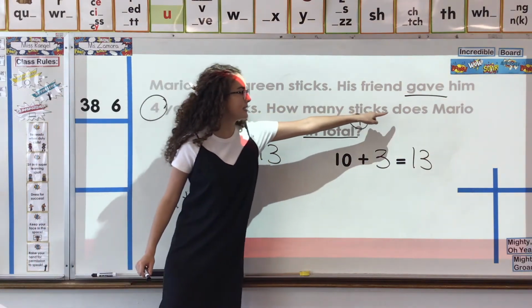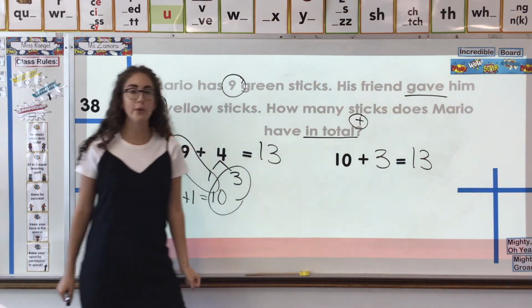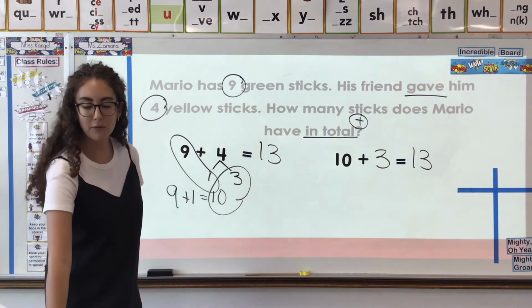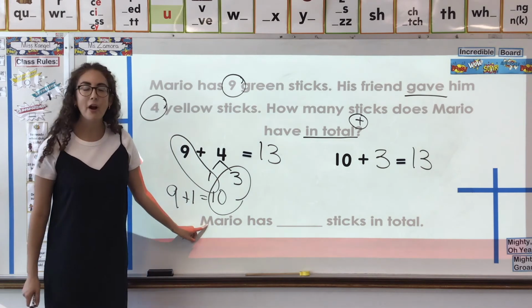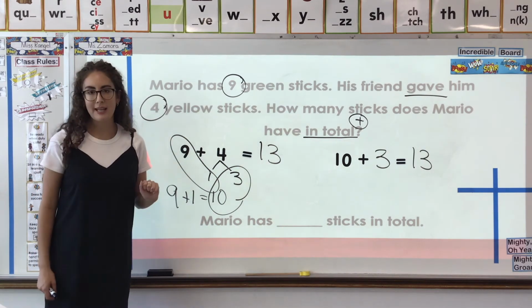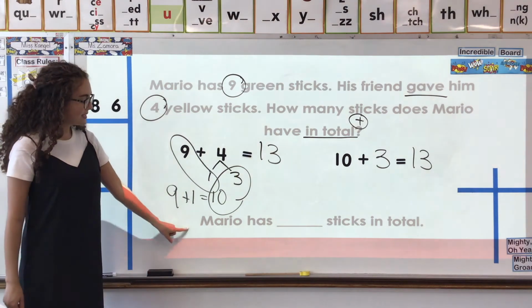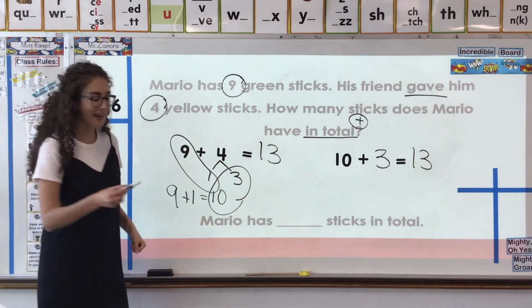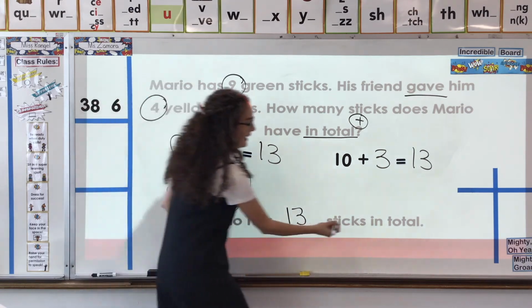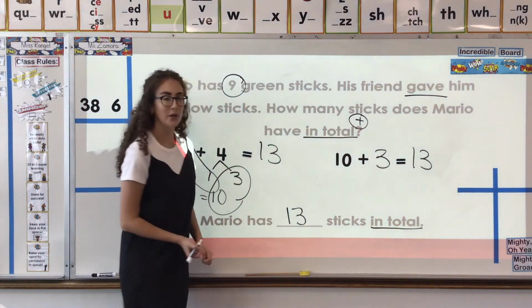So let's go back up to our problem and answer this question. How many sticks does Mario have in total? 13. And remember, when we have our answers in word problems, we have to write them out in a sentence. So we would say Mario has 13 sticks in total.